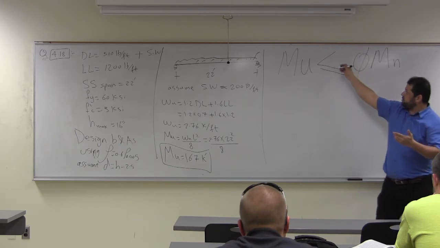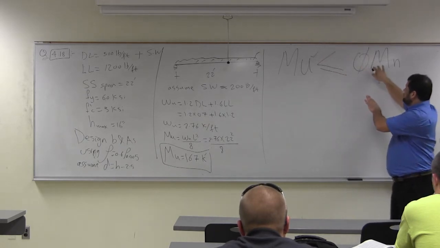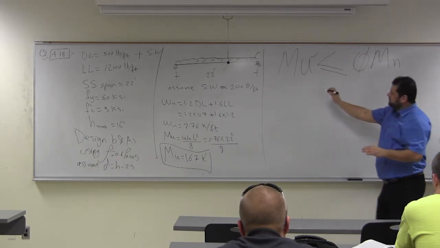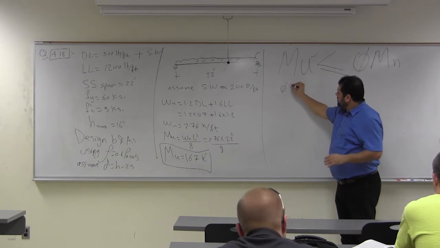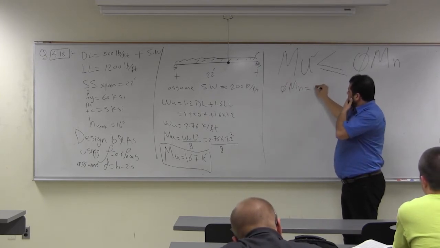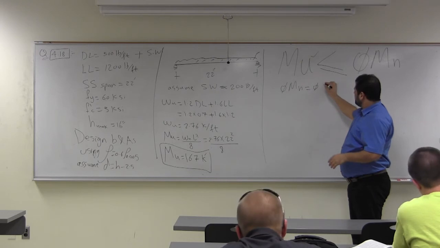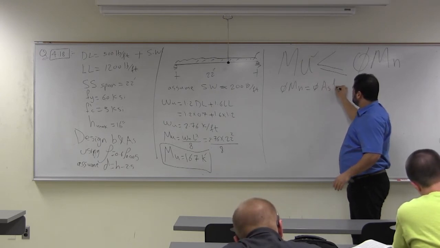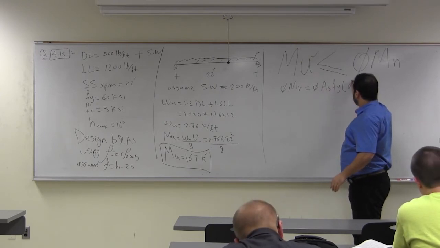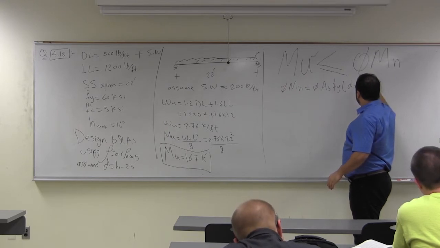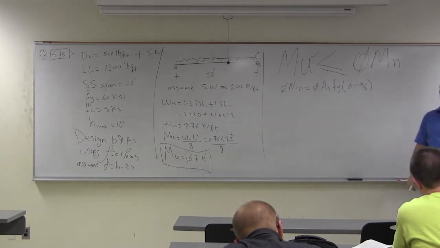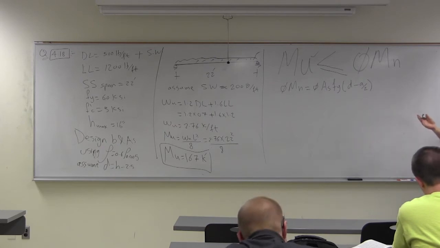This is known to us once we have the formula for that. So what's phi Mn equal? Phi As Fy times d minus a over 2. Put the formula there and see what you have.